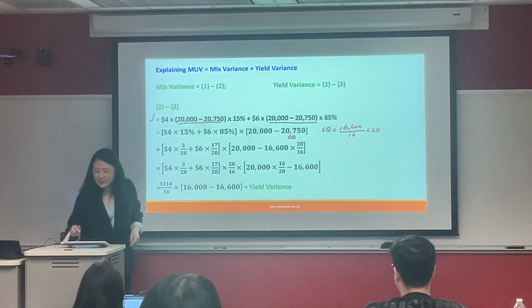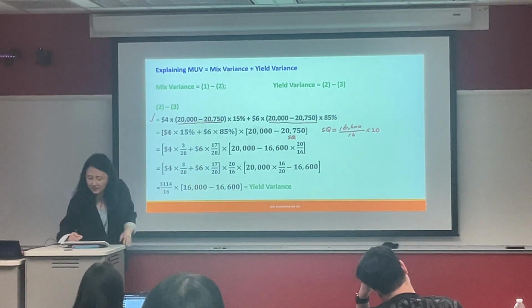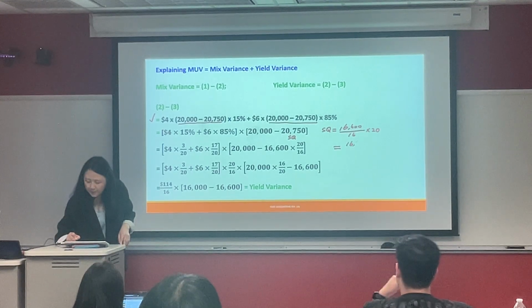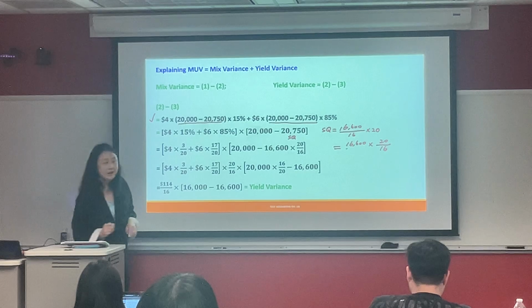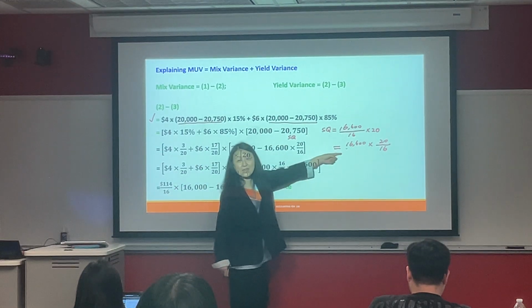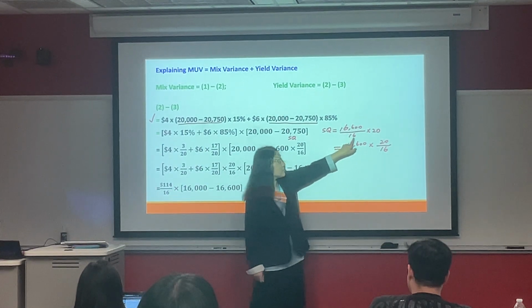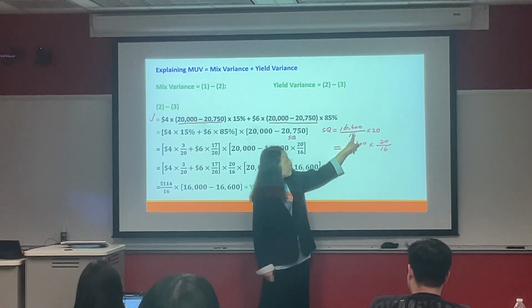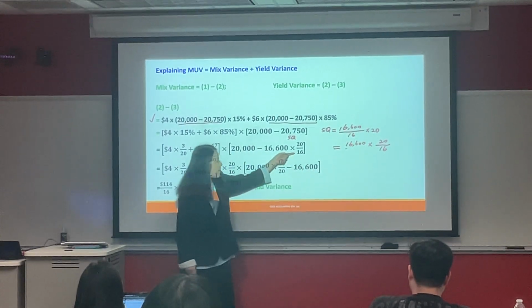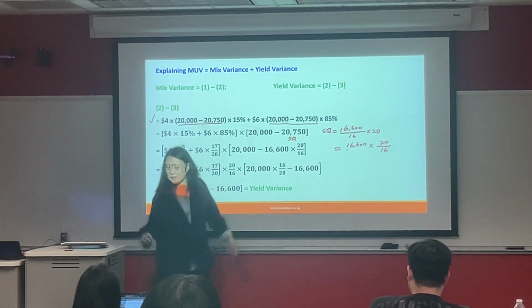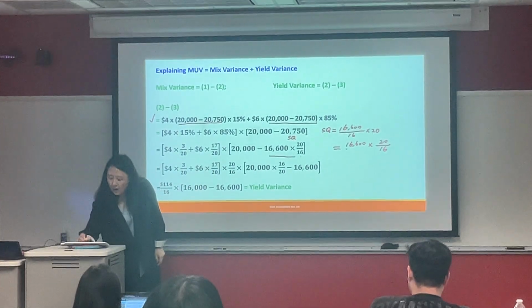So then I'm going to move the 16 below 200. This will be exactly the same. So going from here to here, there's no change, right? I'm just moving 16, instead of being under 16,600, it's under 20. So that's what we got here, okay? So that's this term, all right?